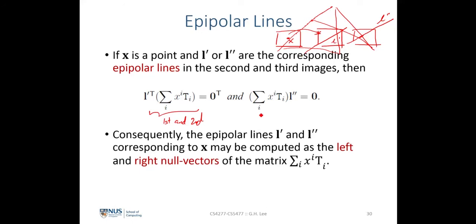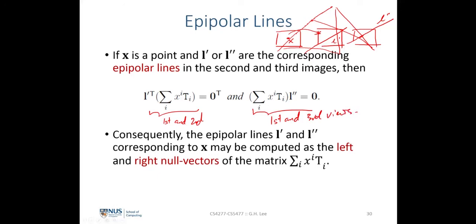Similarly, this null space equation is going to define the epipolar line, the trifocal tensor, as well as the point in the first image that gives rise to the epipolar line in the third view. So this is the first and third view.